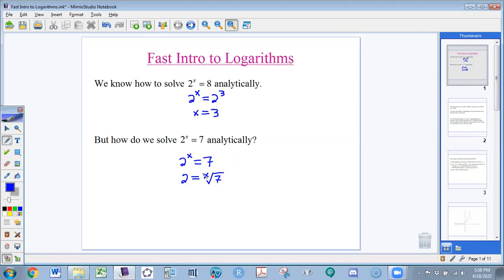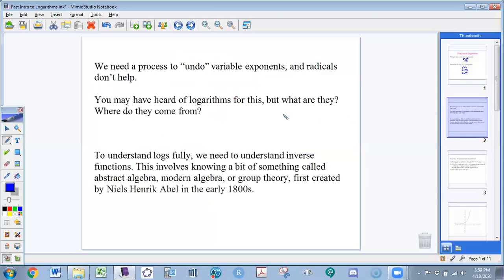It's still stuck in the exponent, because I would also write that as 2 equals 7 to the 1 divided by x, knowing my properties of exponents and radicals. So we need a process that will actually undo variable exponents, and radicals don't help us here.